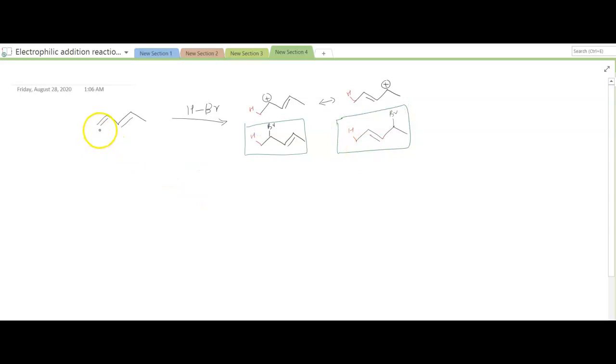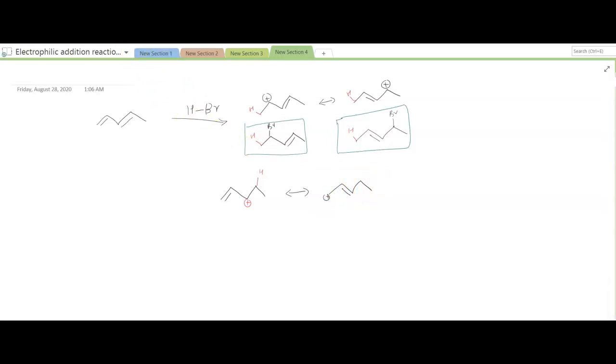Okay, now let's do the reaction where this double bond attacks. So that will result in the formation of the carbocation. We have the hydrogen on this end here, and then the carbocation formed over here, right? The resonance structure for this one is here, and then the positive charge moves over here.